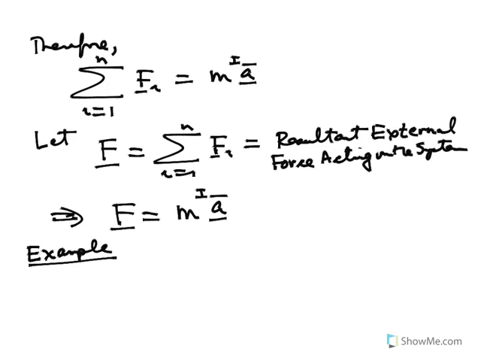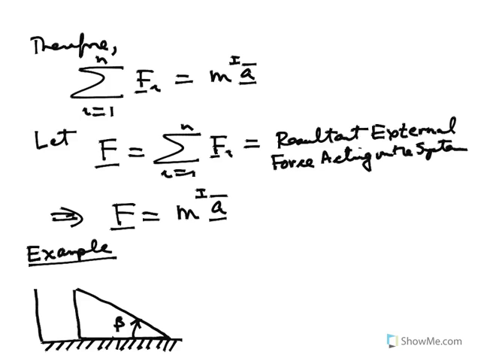So this example is as follows: we have a wedge which slides on a horizontal plane, and this wedge is triangular shaped, and it has a wedge angle which I'll define as beta. Beta is a constant. And the position of the wedge is measured from a point fixed in the inertial frame, and the displacement is x1.